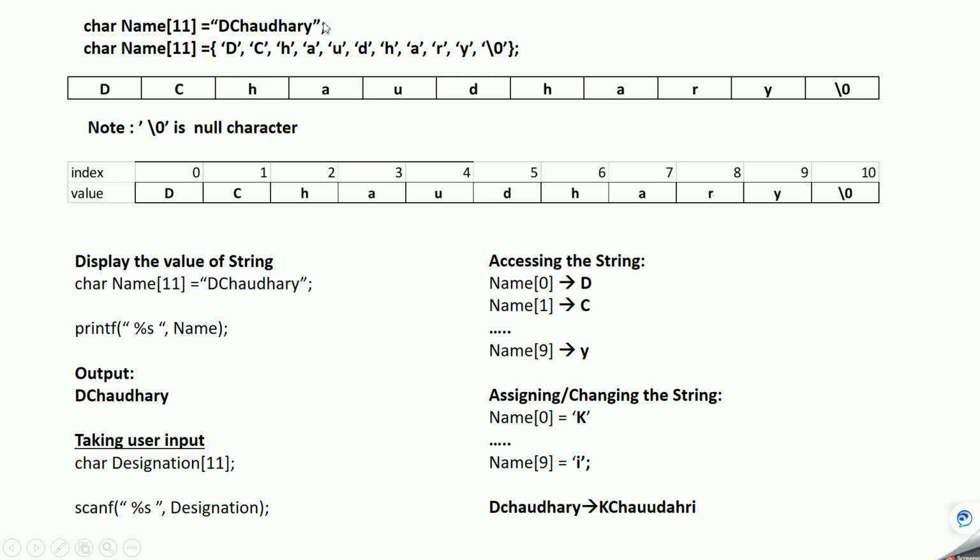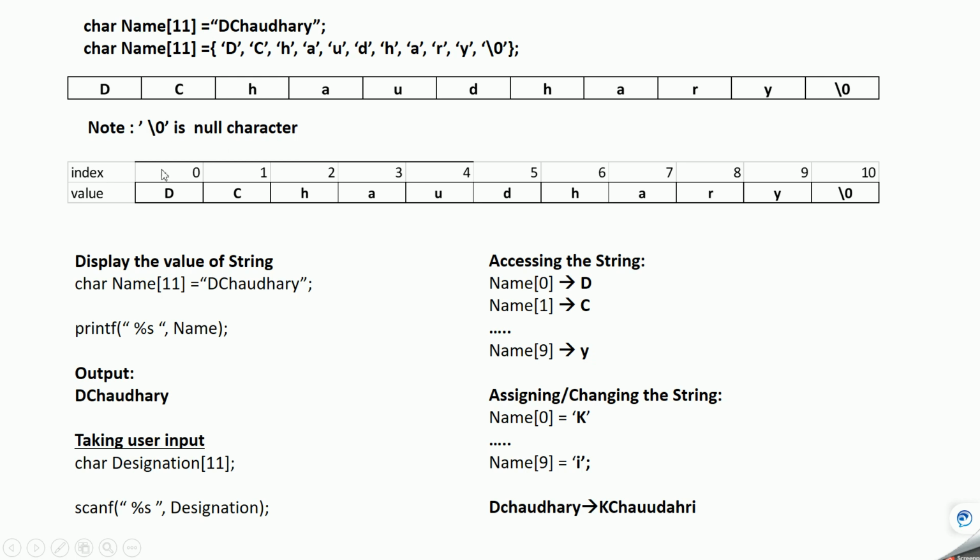If you write this way, it will automatically get added, but you have to give the length always one greater than the number of characters in the string. Okay, so let's see how it will look in some box format. Here, you have 11 characters, so you will get boxes like this, and each box will have one character, and at the end there will be one null character as you see here, and this slash 0 is the null character.